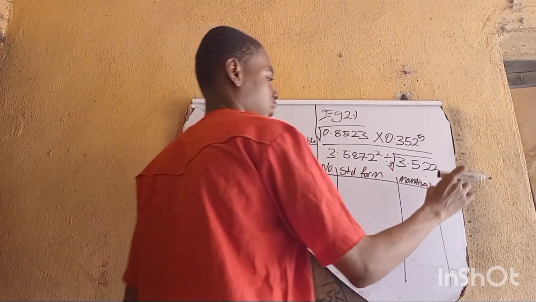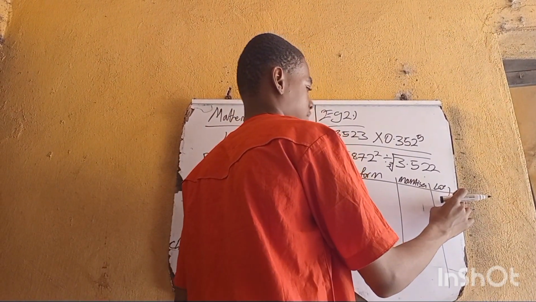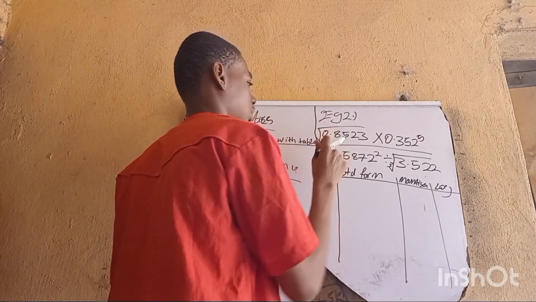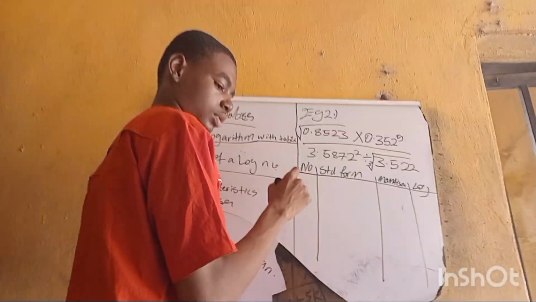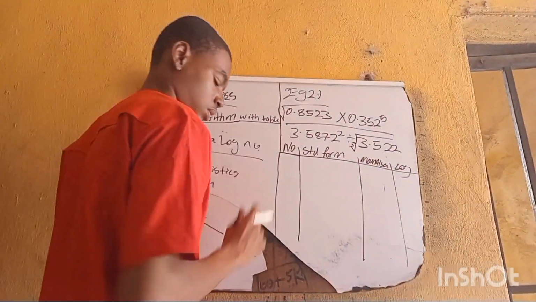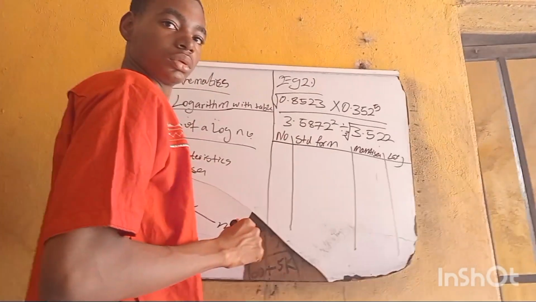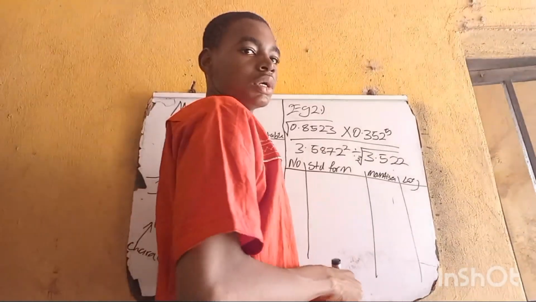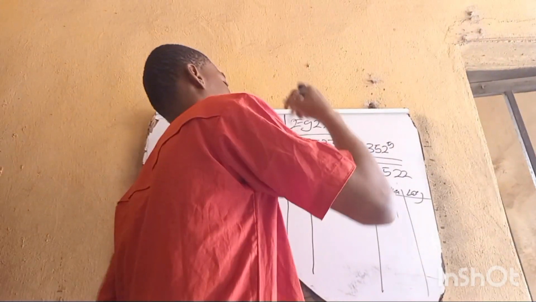And this is where the operations will take place, the addition, subtraction, and division. Now, let us add bar here.